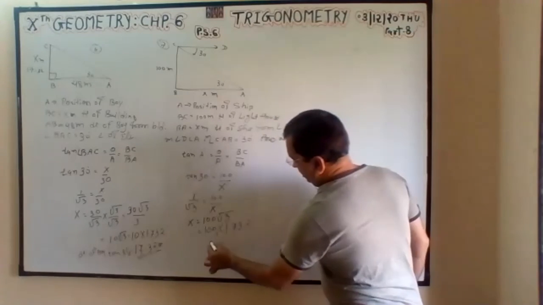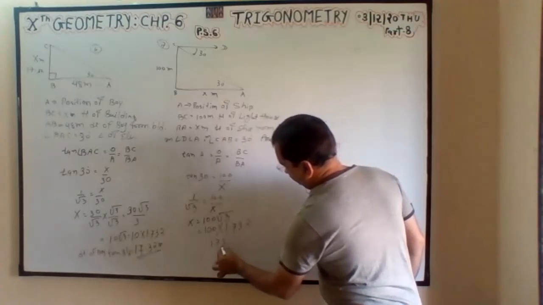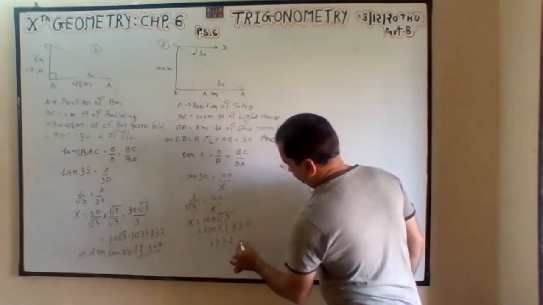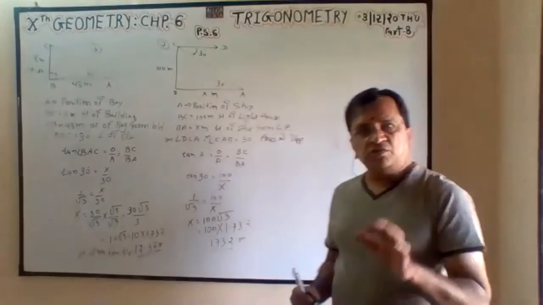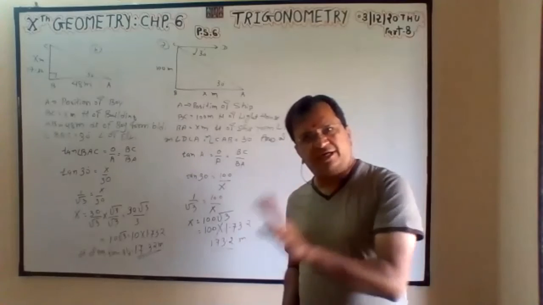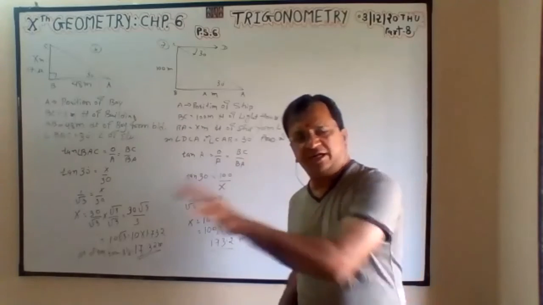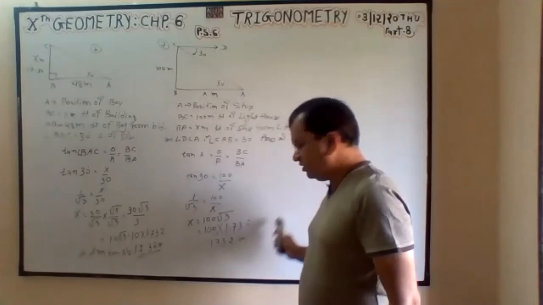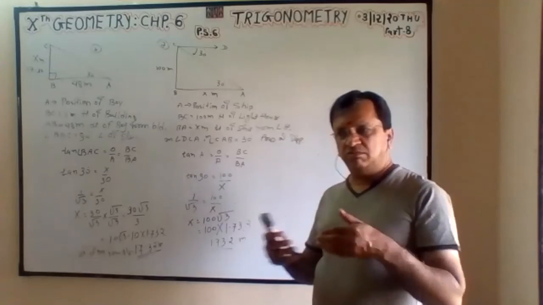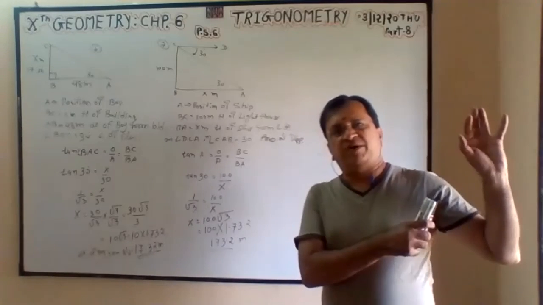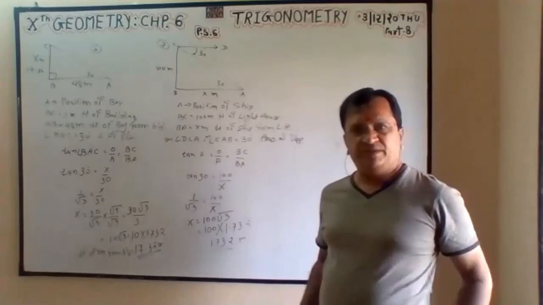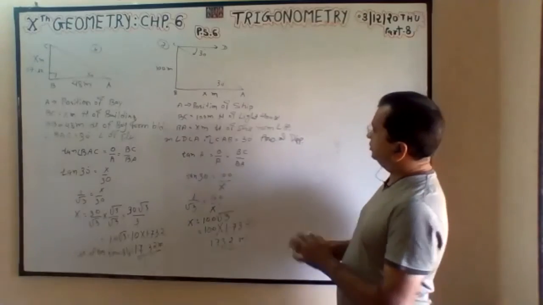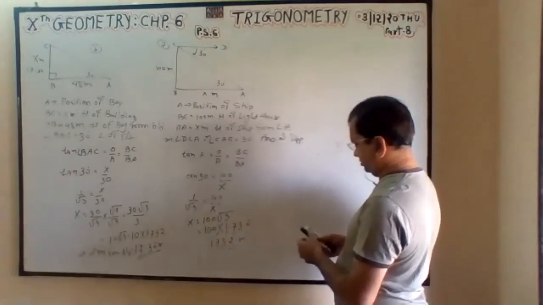So 2 decimal will shift. 173.2 correct, 173.20 correct, 173.200 correct. So after decimal you can add 0. So don't try to match that. If it is 0.20 and you are getting 0.2, both are equivalent. So this is the exact distance.